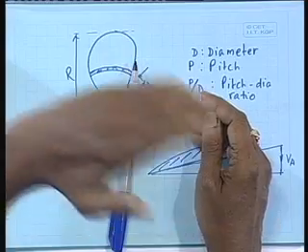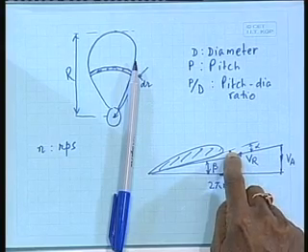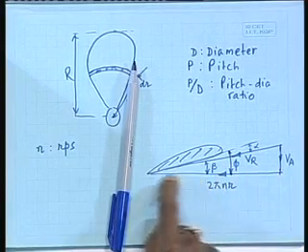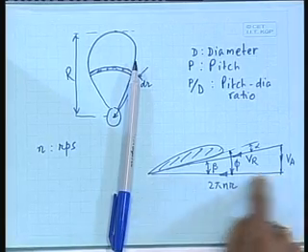That means the element is at an angle to that vertical plane on which the propeller blade is rotating. You got it? And what is that angle? It is the pitch angle of that element, that is phi. So, that is that phi I have shown here, and the rotational velocity is 2 pi n r in the opposite direction.